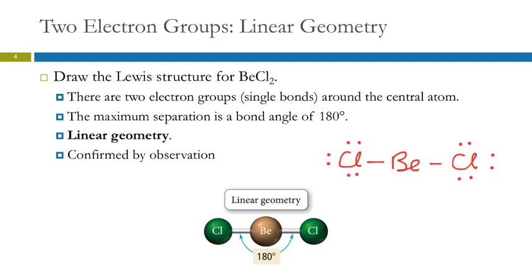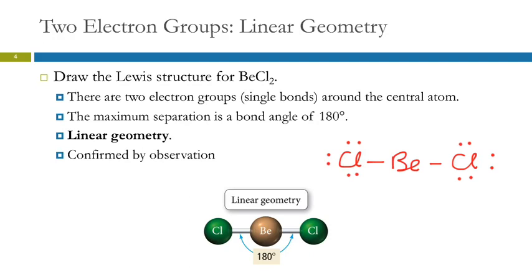And at first glance, that doesn't look like a good Lewis structure, does it? Because we don't have an octet on beryllium. Does beryllium always have to have an octet of electrons? No, beryllium is small. If we evaluate formal charges, we'll see that this is the correct structure for beryllium chloride. Okay?